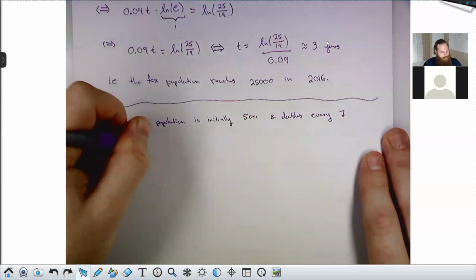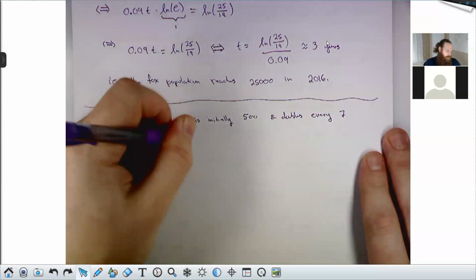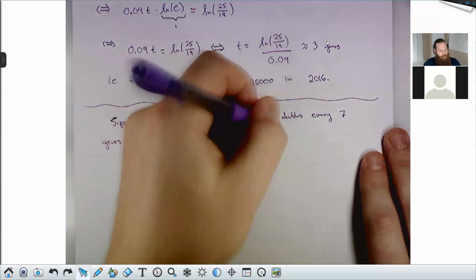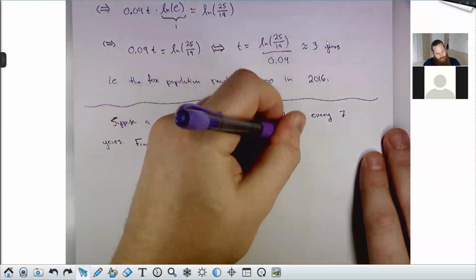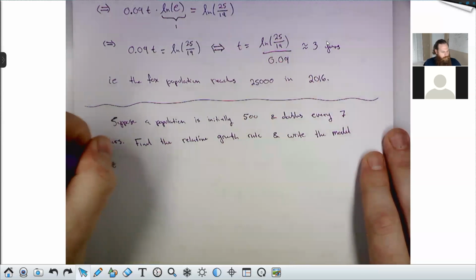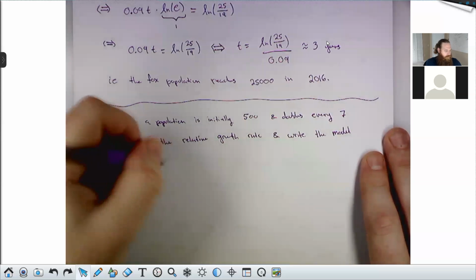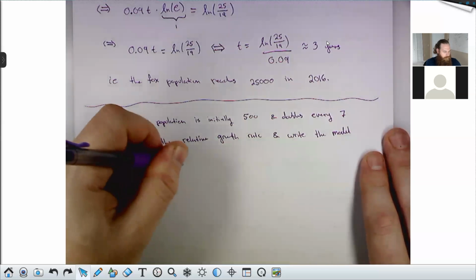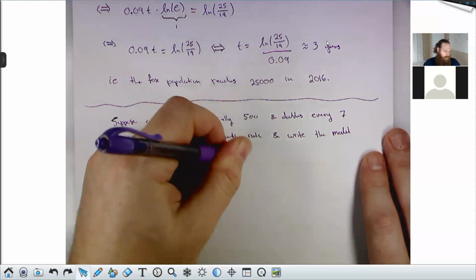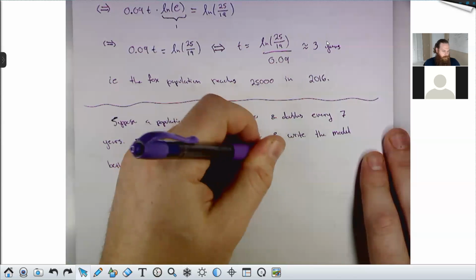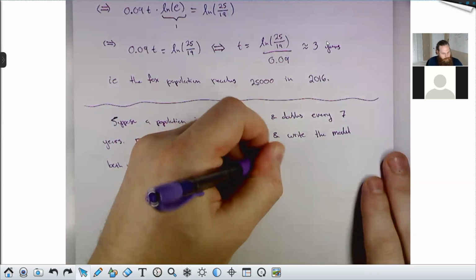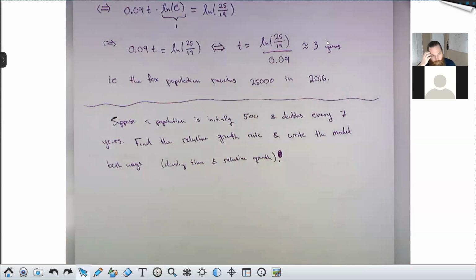Can we find the relative growth rate and write the model both ways, i.e. as doubling time and relative growth? I should say period, right? Not question mark, just do it. We can do it. How do we do it?